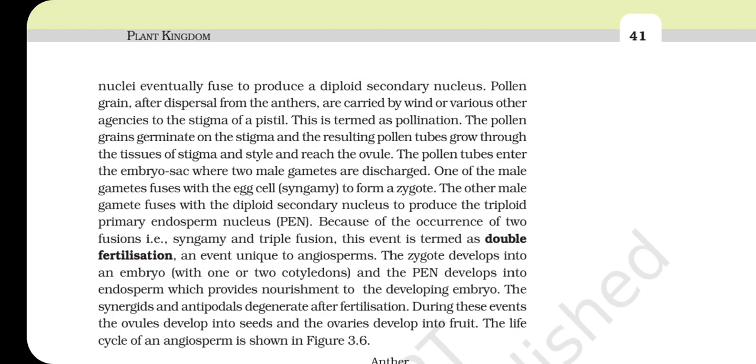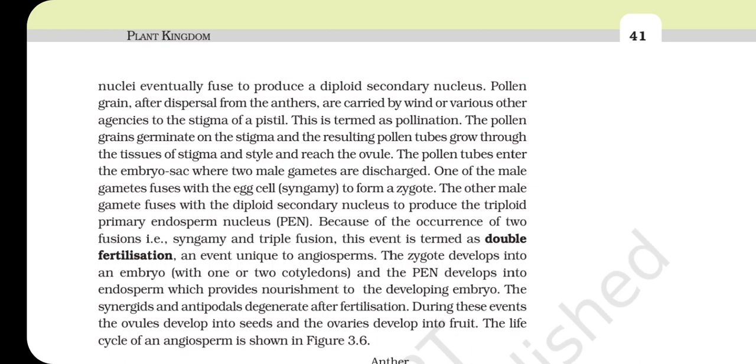One of the male gametes fuses with the egg cell to form a zygote. The other male gamete fuses with the diploid secondary nucleus to produce the triploid primary endosperm nucleus.